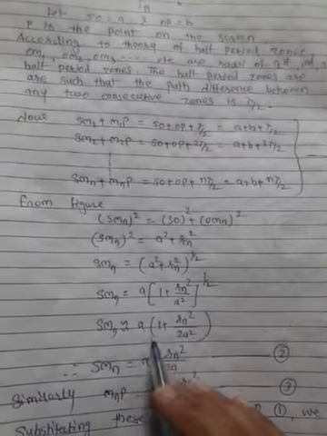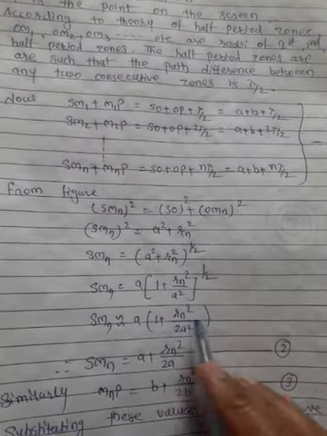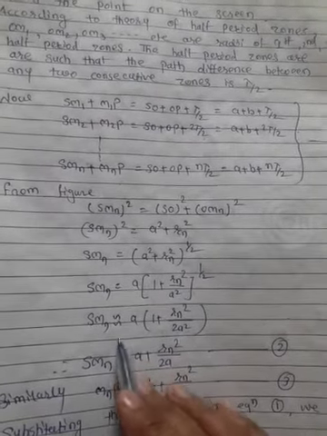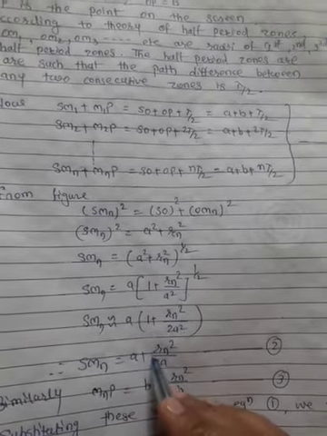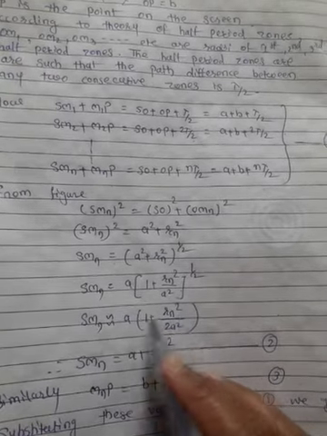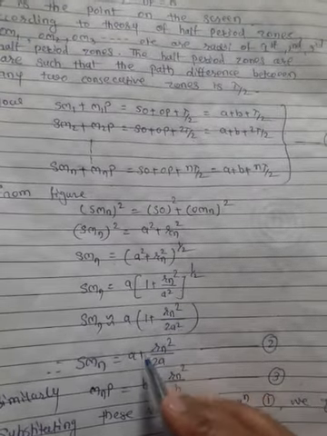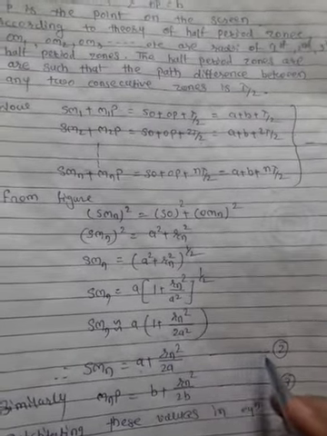Similarly, this term is approximately equal to this term, which can be written as SMN equal to A plus Rn square upon 2A. If we multiply A to this term, we will get A plus Rn square upon 2A, which gives equation number 2.